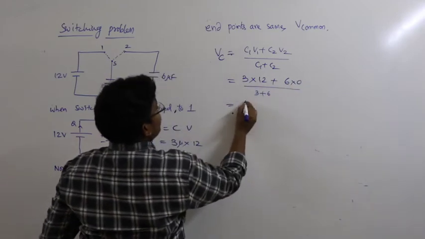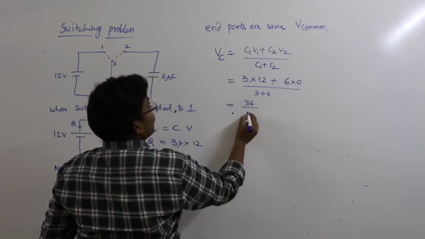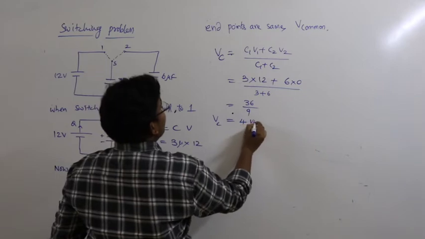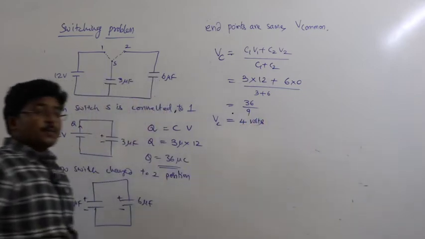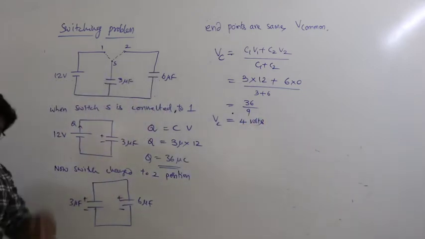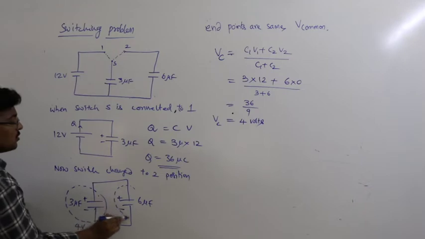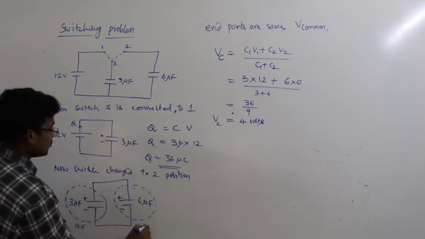So 3 into 12 is 36, by 0 plus 9, so V common will be 4 volts. Across this one 4 volts, across this one also 4 volts.